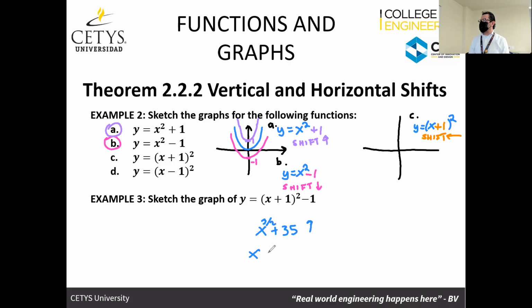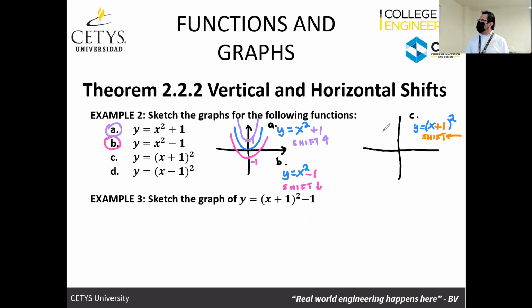But if I have x plus 35 to the 3/2, this is going to be a shift left. What Arturo was asking was how do I identify if it's a horizontal shift? In this case, the number that we're adding or subtracting is contained within the power function, and therefore we usually have a parenthesis or something delineating that.